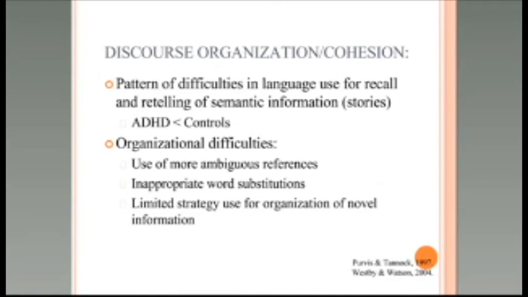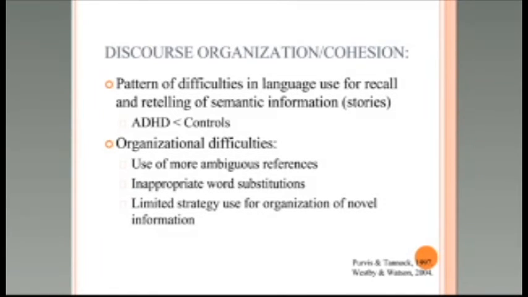We also see a pattern of difficulties in recall and retelling of semantic information, so stories, in which case data have suggested that children with ADHD perform more poorly than controls on those kinds of tasks. They have organizational difficulties that are evident in use of more ambiguous references, so he or they rather than a specific use of a character name or a specific person, inappropriate word substitution so that it's not entirely clear what they're referring to, and limited use of strategies for organizing new or novel information.